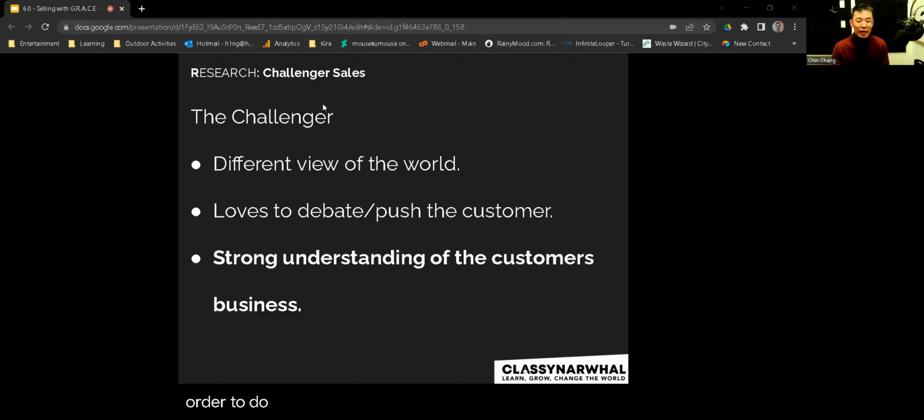But in order to be able to challenge a customer, you need to first have a strong understanding of the customer's business. Therefore, you need to not only ask the right questions, but also do the right research and pay attention to not only that specific customer, but also their peers, similar customers, other people who are looking for your kind of solution, in order to really understand what is truly best for that type of person.